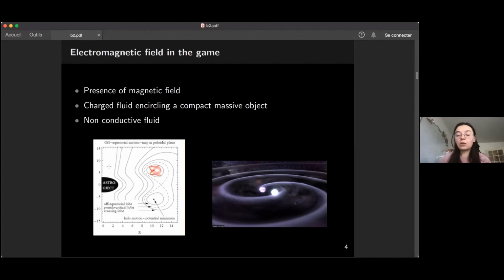One of the main assumptions of this thick accretion disk is that we have a circular motion, meaning we cannot really talk about accretion because we don't have any radial movement. And the second big assumption is that we have a non-conductive fluid. So what does it mean?